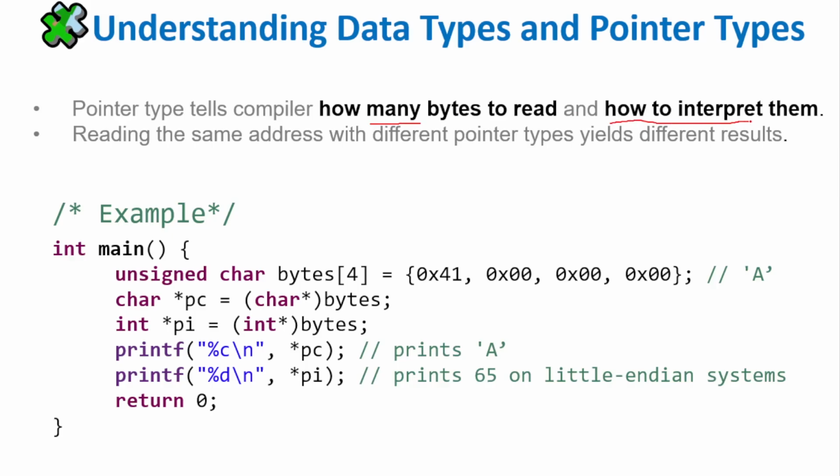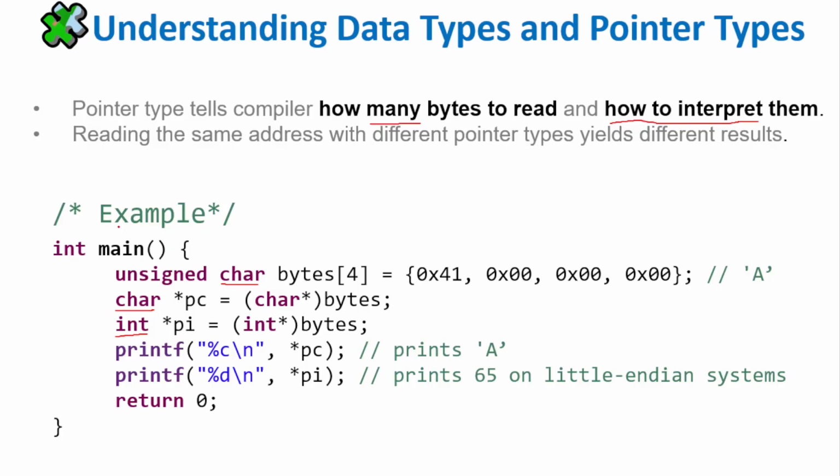If a memory location contains a byte that represents an ASCII character, reading it with a char gives us a character, but reading the same address with an int interprets the same bytes as an integer. This is why pointer types matter.